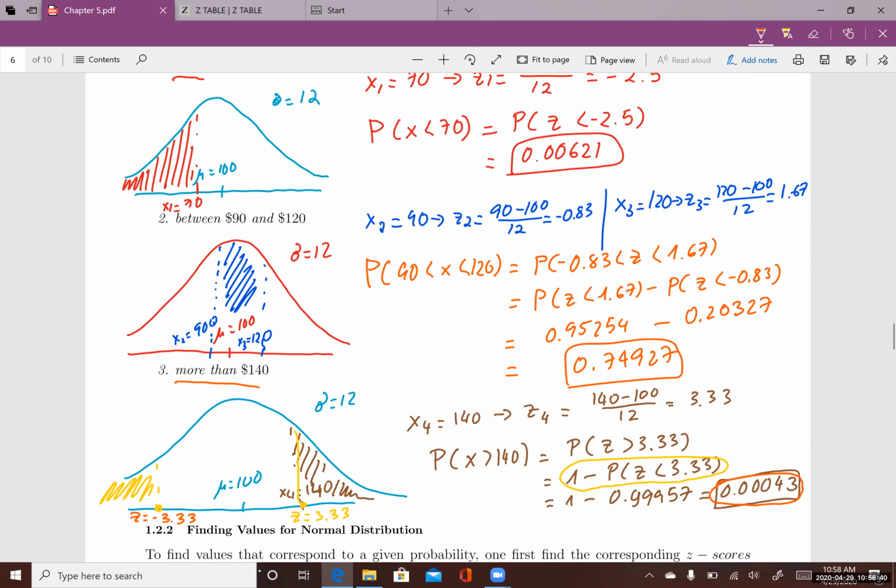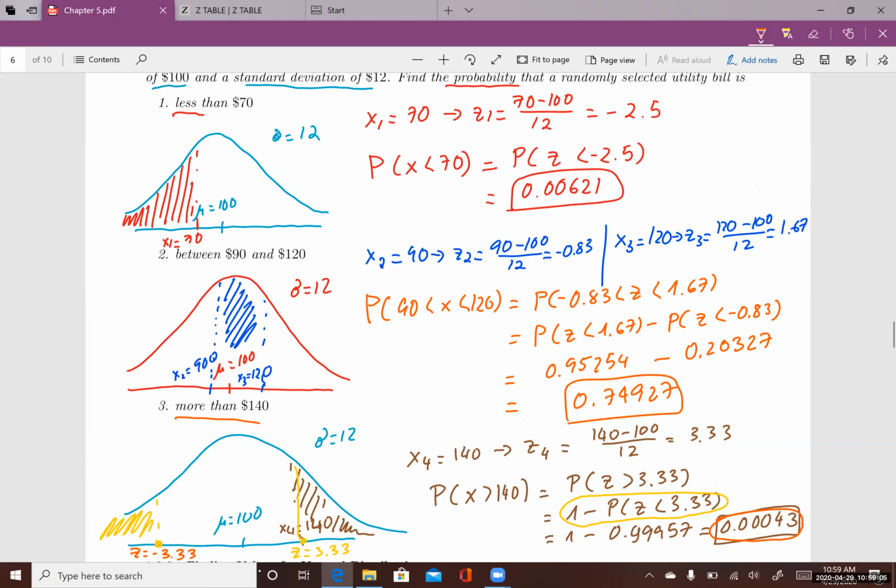This is a nice property of normal distribution, because normal distributions are symmetric. So this area here should be the same as the area here. Again, this lecture helps you find the probability that corresponds to a certain value in a normal distribution.